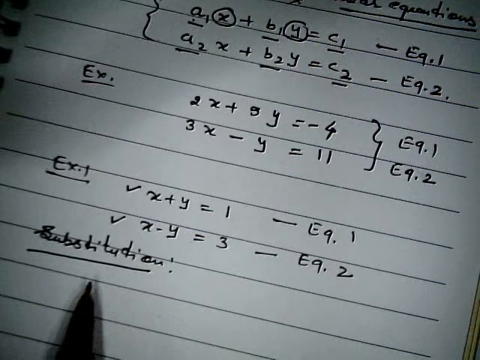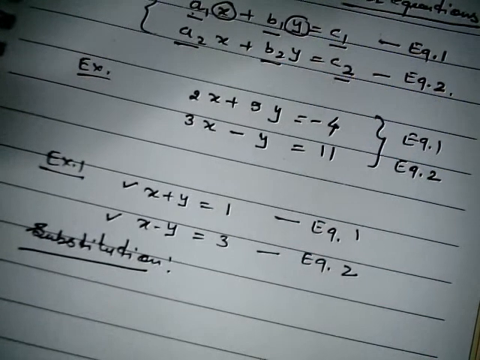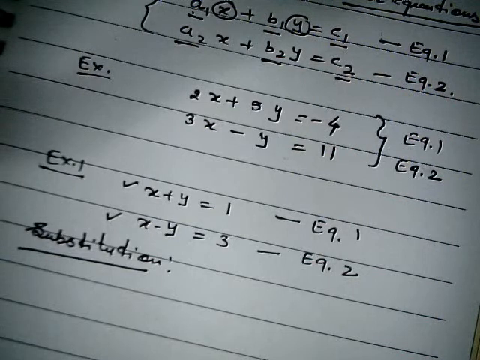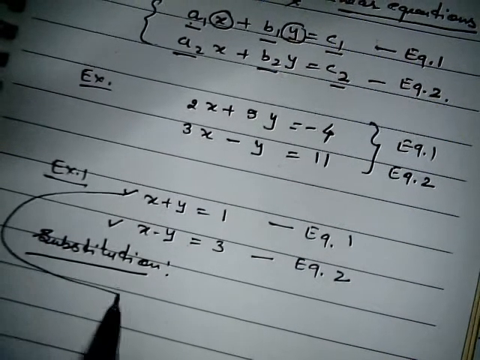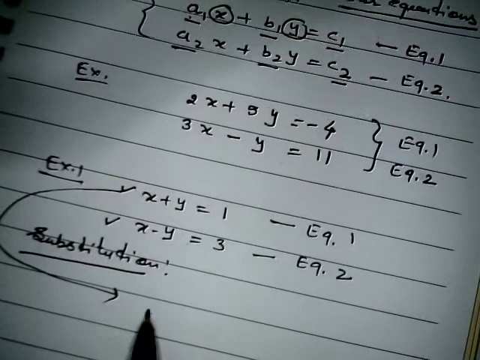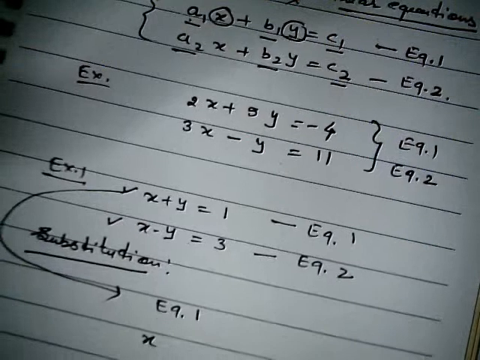You need to choose either equation 1 or equation 2. That's ultimately your choice. Suppose I have taken equation 1 first. Equation 1 is x plus y equals 1, correct?